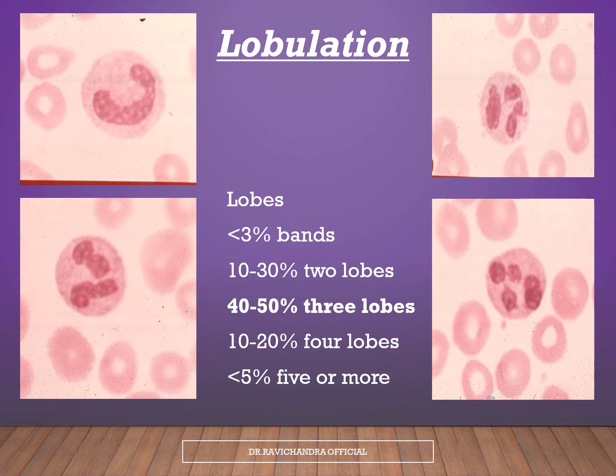Less than 3% will be in the form of band forms, and 10 to 30% of the neutrophils will have two lobes, and 40 to 50%, that is the majority, will have three lobes, and 10 to 20% of the neutrophils will have four lobes, and less than 5% of the neutrophils will have five or more lobes.